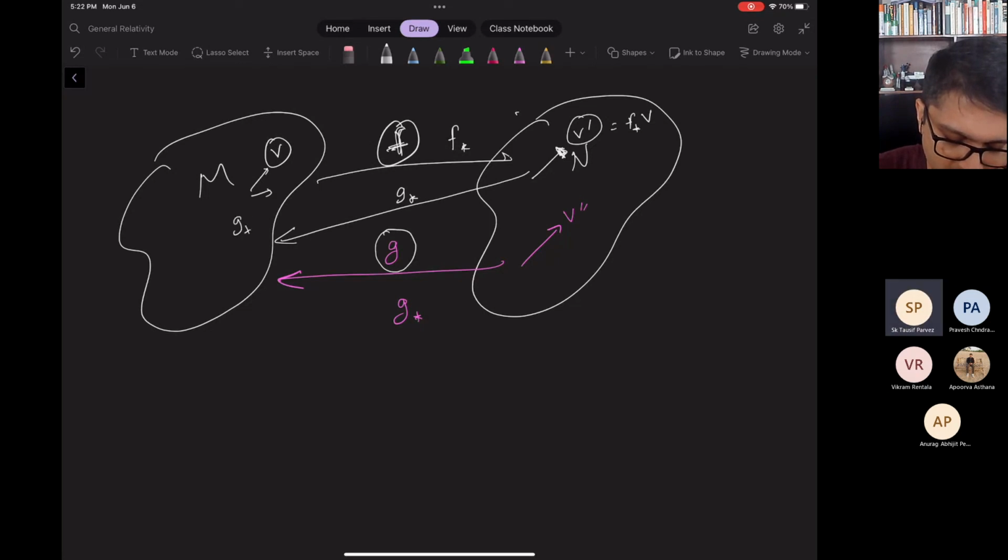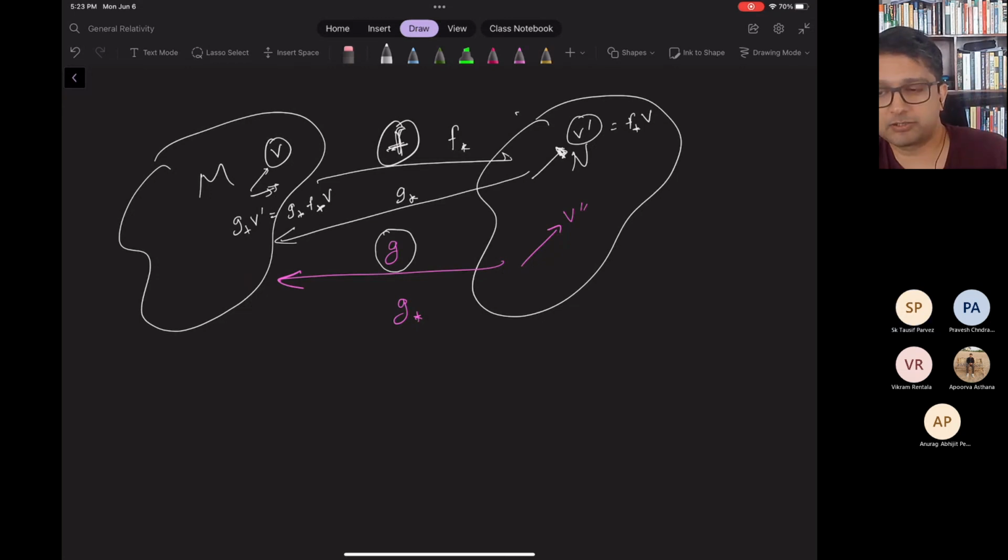So this is G star of V prime, which is G star of F star of V. Yes, sir. So, sir, unless G is equal to F inverse, we don't get back the same V. Is that the reason why in the first class we talked about F being a diffeomorphism?